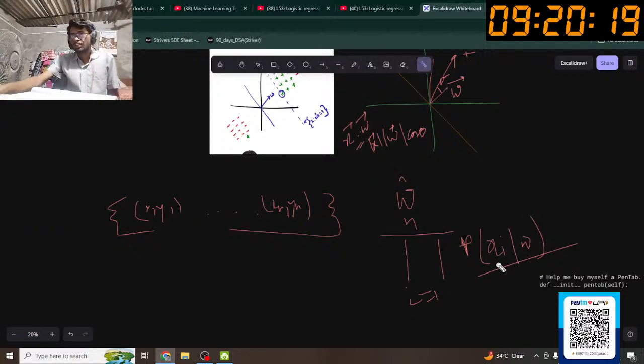First of all, let's try to figure out what this is saying. Let's pick a point, say xk. We will try to figure out the probability that we will get the data point xk given w, which is still unknown.